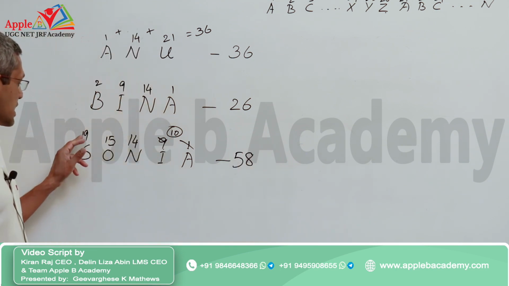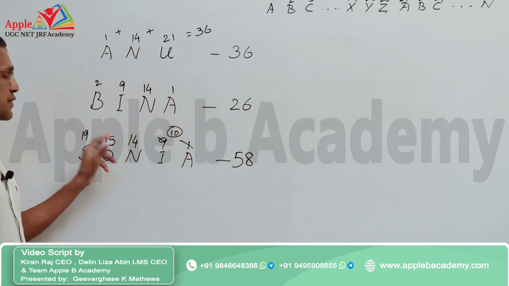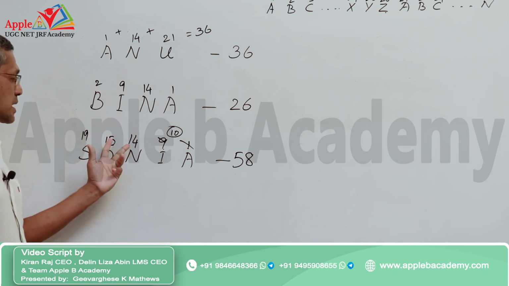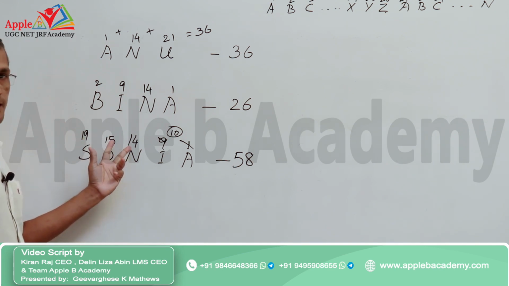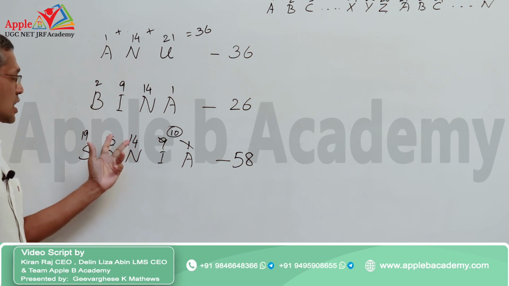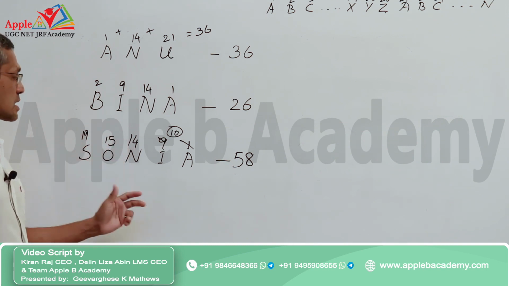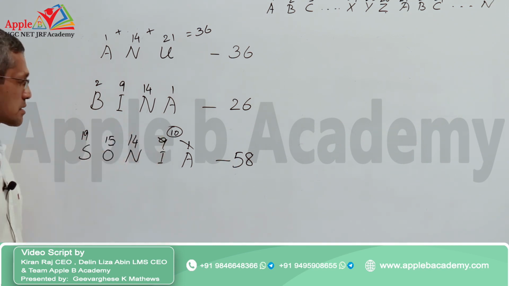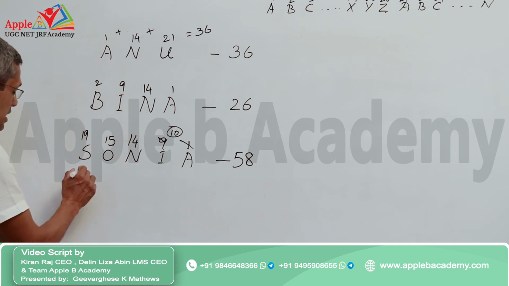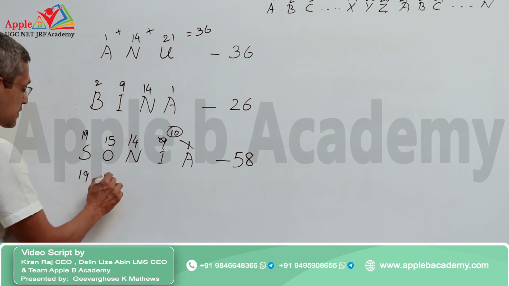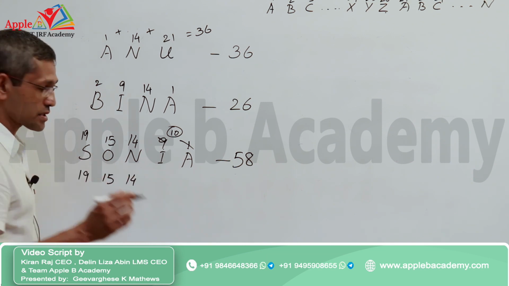So see that 19, 15, 14, correct? 15 plus 14 is 29. 29 plus 19, then 10. That's what it is. Or you may go for another way of doing it. 19, 15, 14, 9 and 1. These are just practice for you guys.